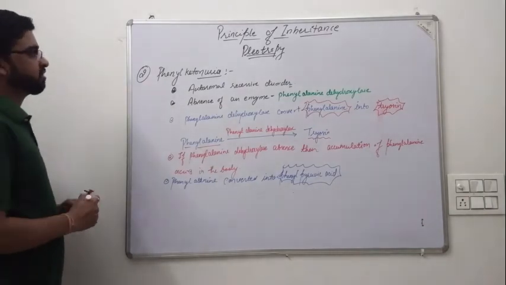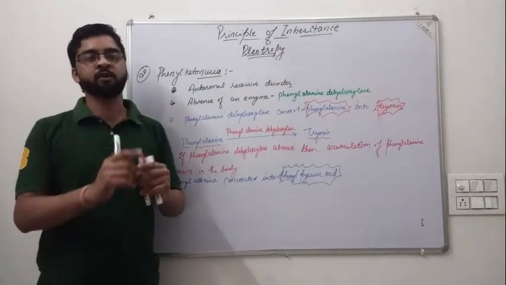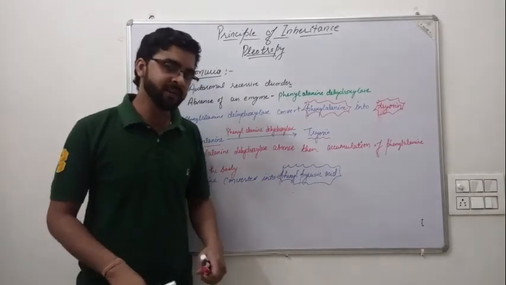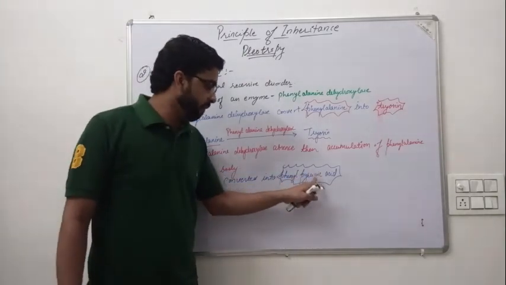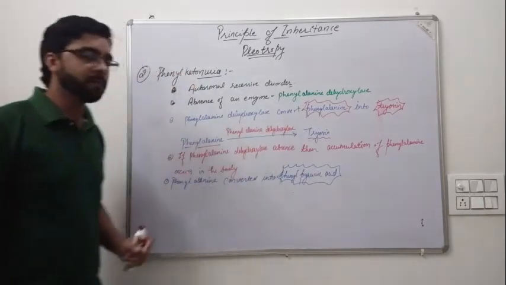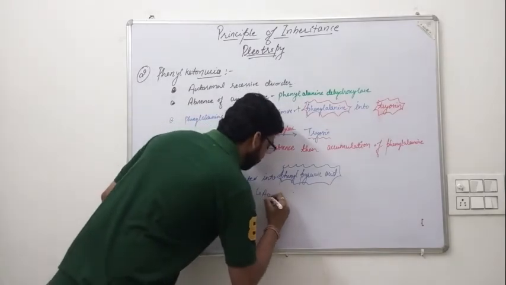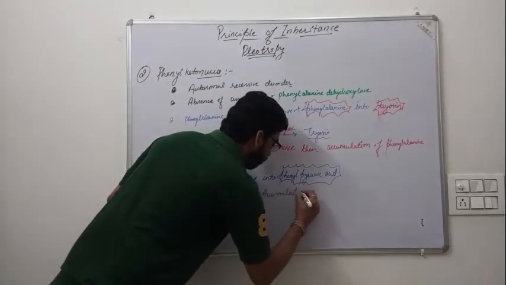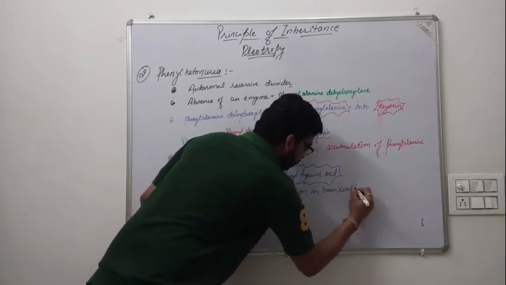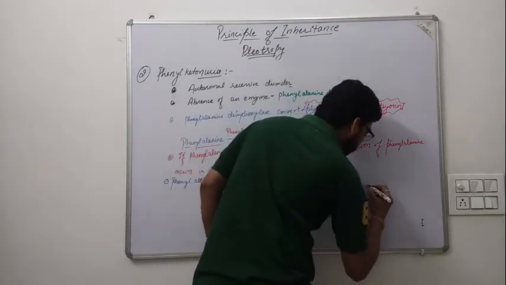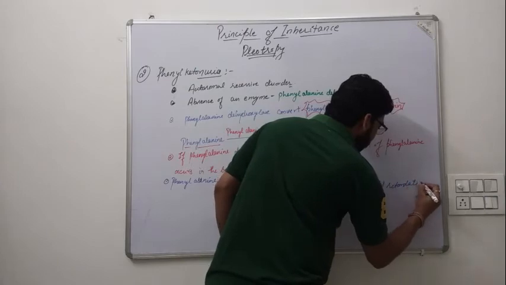In such a condition we talk about pleiotropy, meaning one gene is responsible for more than one character. We have discussed the gene; now we discuss the characters. When phenylpyruvic acid accumulates in the brain, it results in mental retardation.